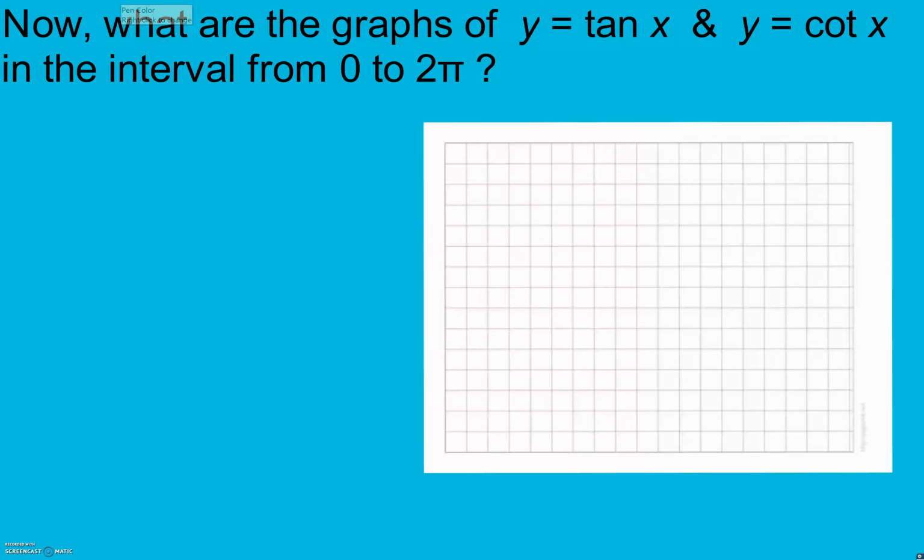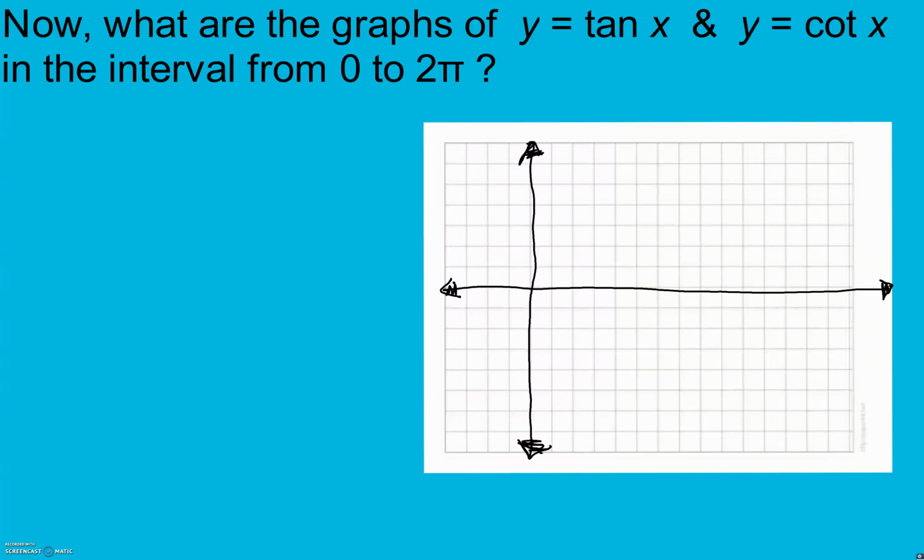Tangent and cotangent from 0 to 2 pi. So, tangent from 0 to 2 pi. Remember tangent is y over x, or sine over cosine.